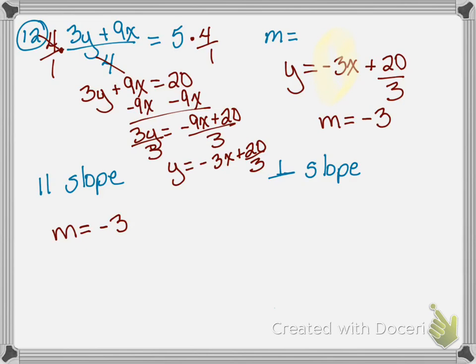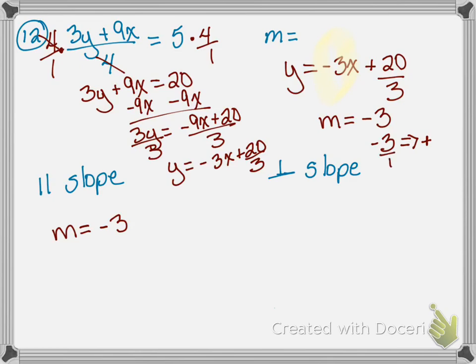Now, perpendicular slopes are negative reciprocals. Negative reciprocals. And so what that means is we take our negative 3, we make it its opposite sign. So instead of having negative 3, we're going to have positive. Okay? Then we are going to flip the fraction.